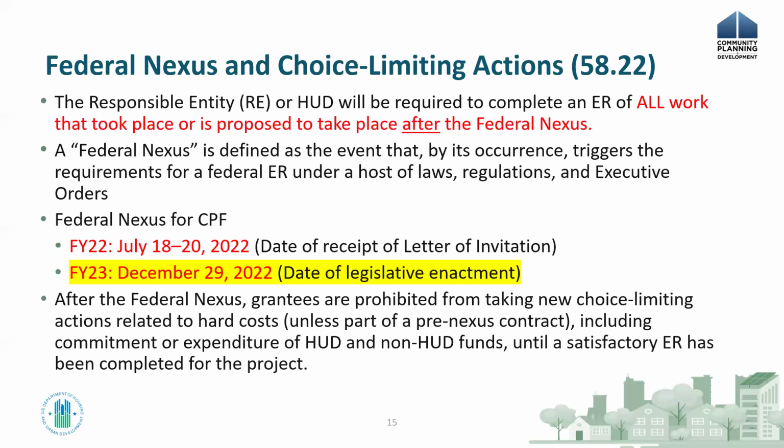Next is the federal nexus and choice limiting actions. The federal nexus is the point at which the project becomes federalized and when federal environmental review requirements are triggered. Federal nexus for fiscal year 2023, again, being December 29, 2022, is the same date as that legislative enactment date. If you also had attended the environmental review session for 2022 cohorts, those 2 dates were different.